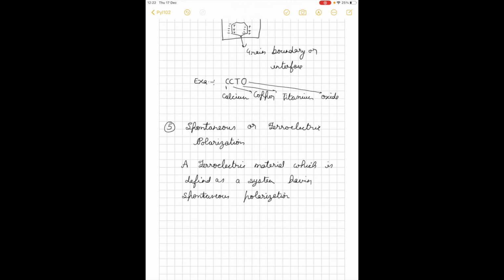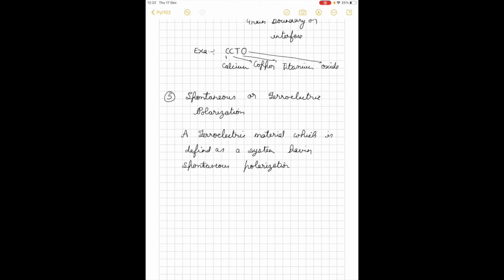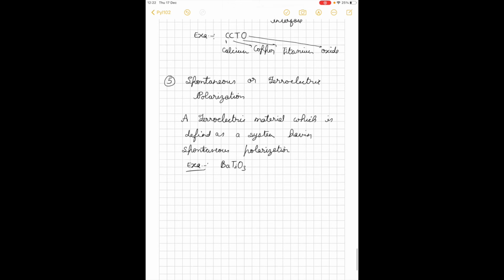And an example of a ferroelectric material which has spontaneous polarization is, let's say, BaTiO3. Okay, so example, BaTiO3.